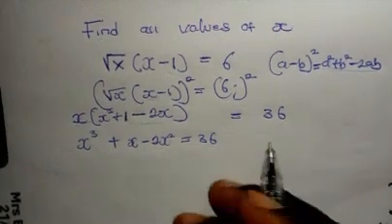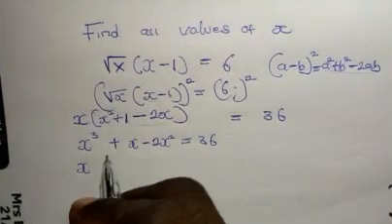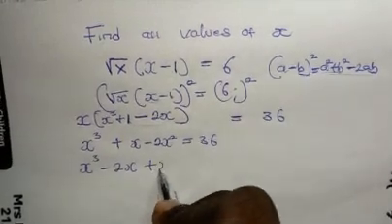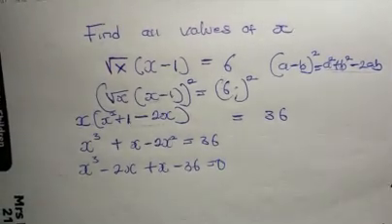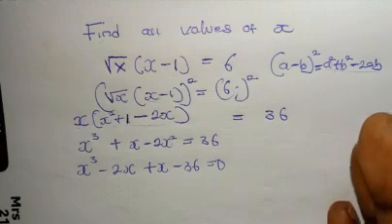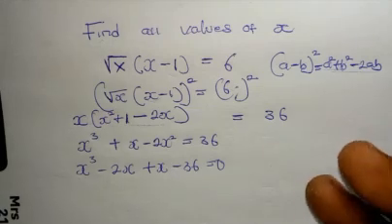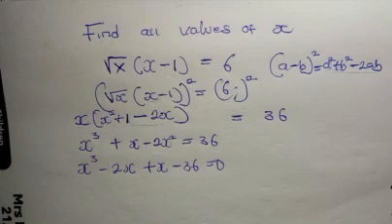Let's put it in its general form. So we'll be having s raised to the power of 3 minus 2s squared plus s minus 36 is equal to 0.